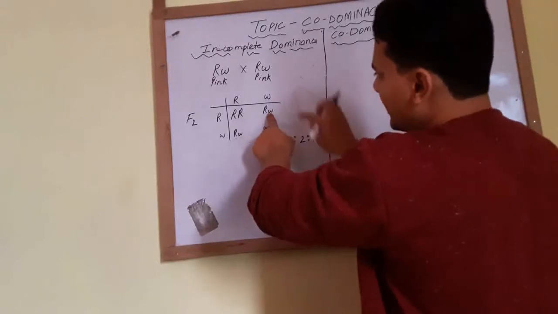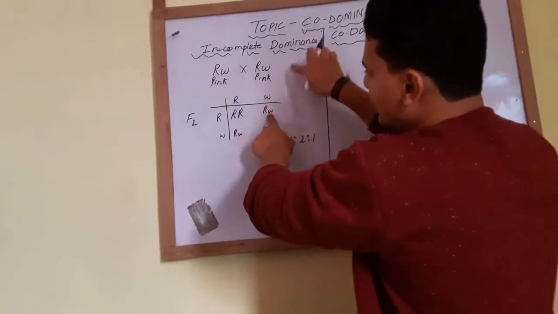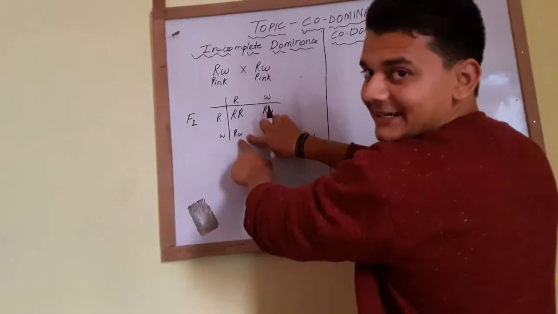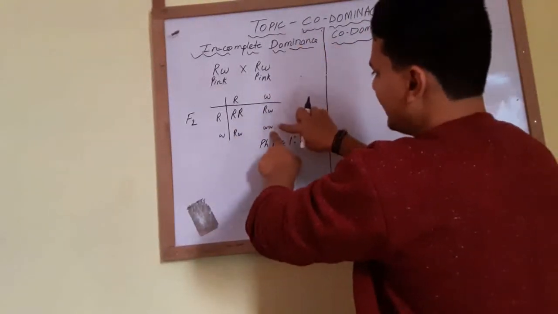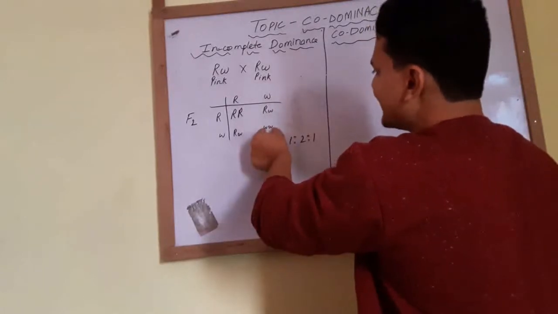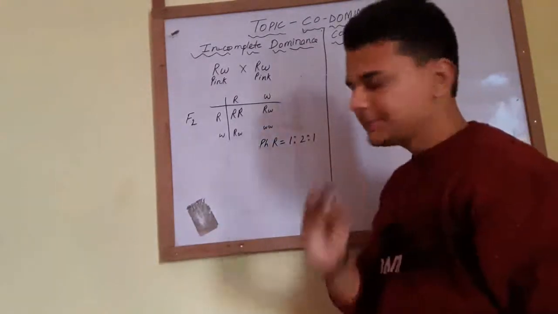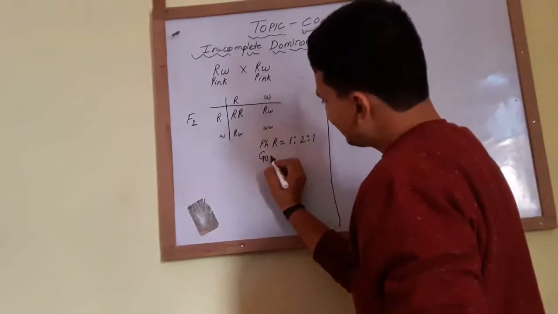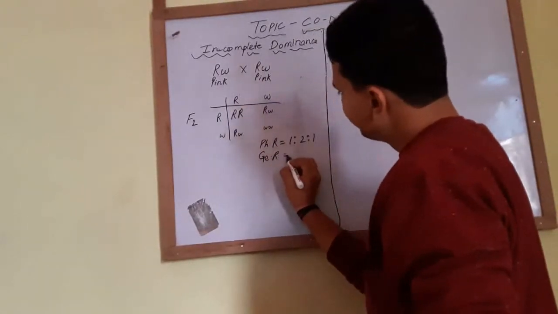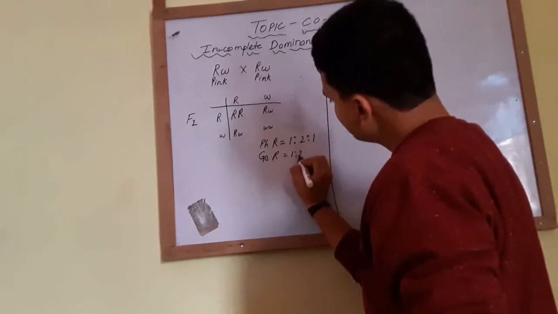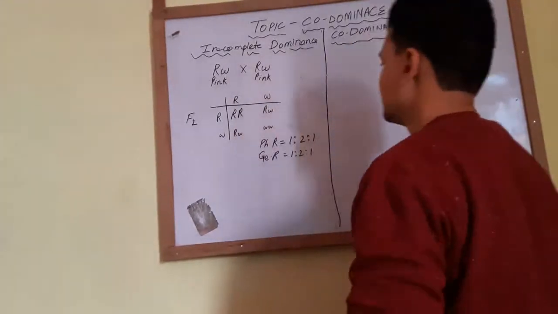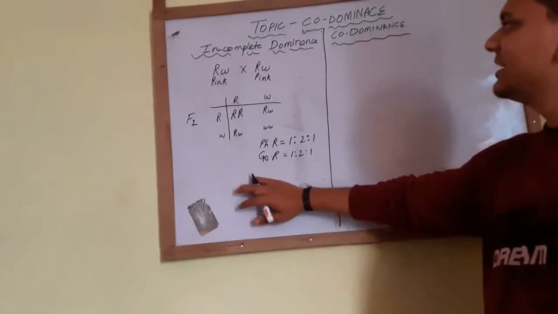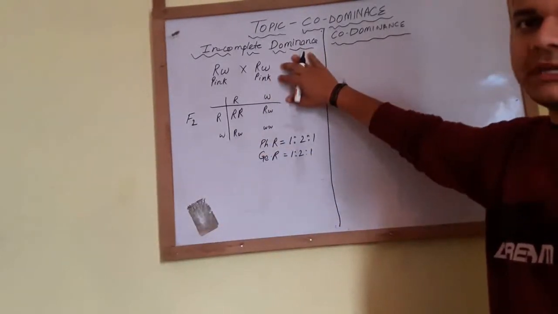Then this one will be pink colored, incomplete dominant. This offspring will also be pink colored, incomplete dominant. And this offspring will be pure recessive, white colored, right? So 1:2:1, and when we talk about genotype ratio in this case, it will again be 1:2:1, right? So this is simple F2 generation when we talk about incomplete dominance.